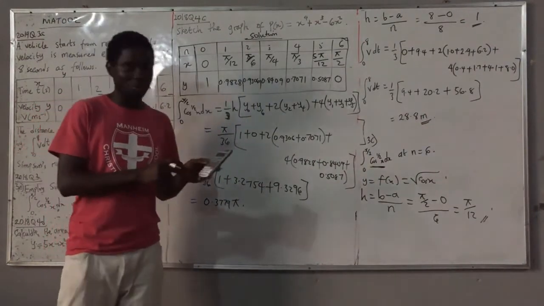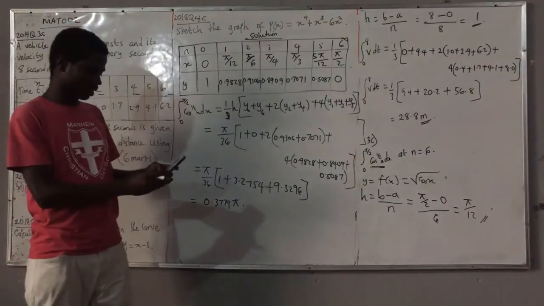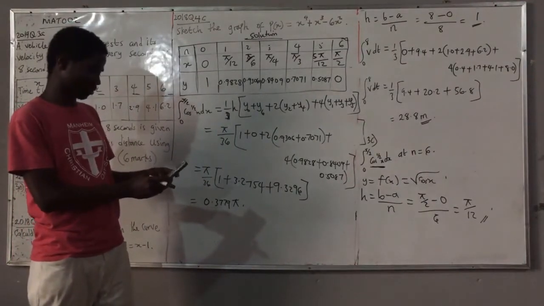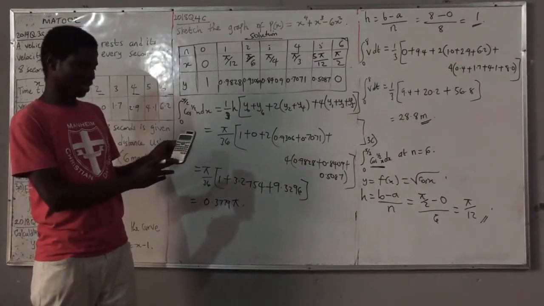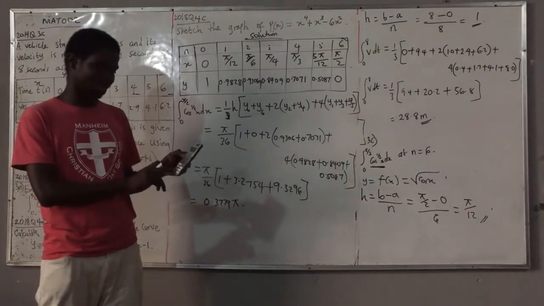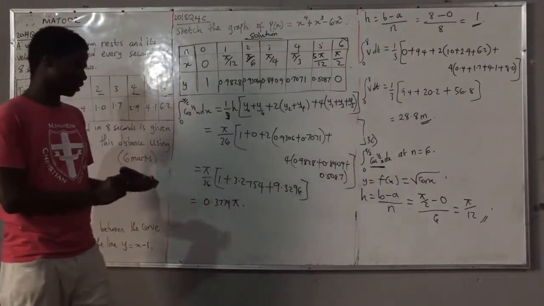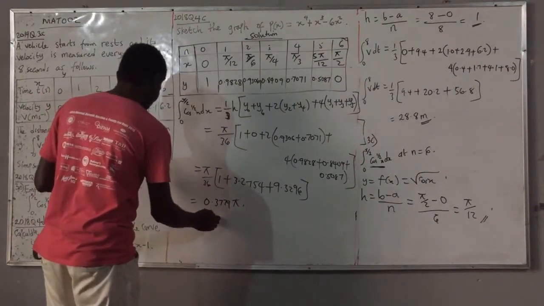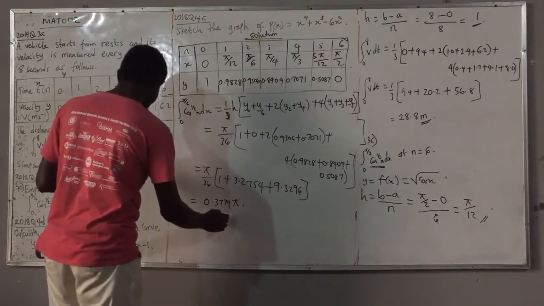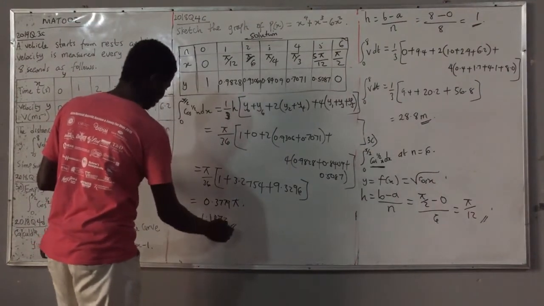Or use the pi on your calculator: 0.33779 times pi. If you press shift and the button before the answer, you will see pi there. So the answer will just be 1.1872. That will be the answer.